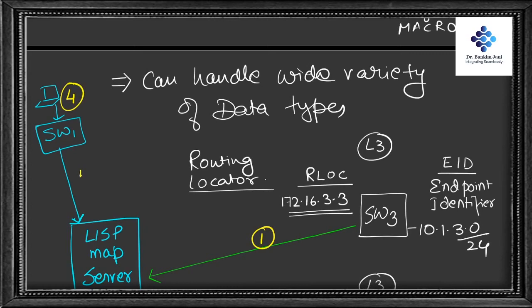Then this switch 1 approaches our Lisp server, that is the 5th step.